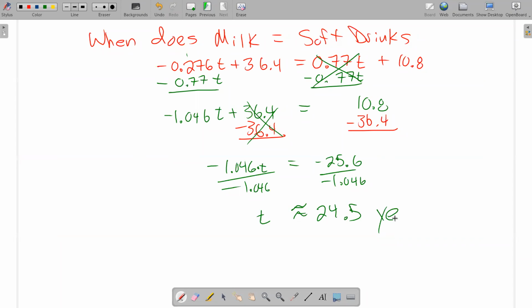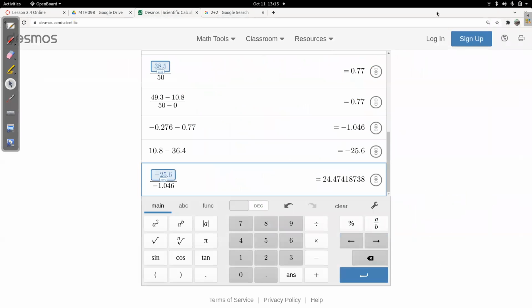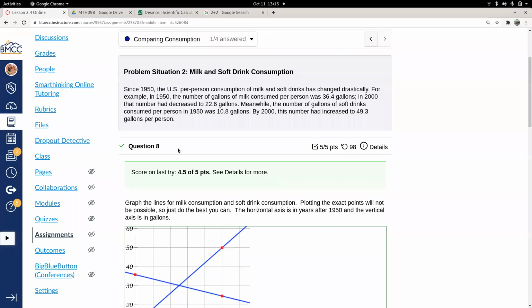T, remember, is years after 1950. Very important. So let's see, if we add on to that, that would be 1974.5. And earlier I made a guess looking at my graph of 1975. Hey, that's close enough. I think we did pretty good there. Woohoo. And I think we just kicked this activity in the pants.